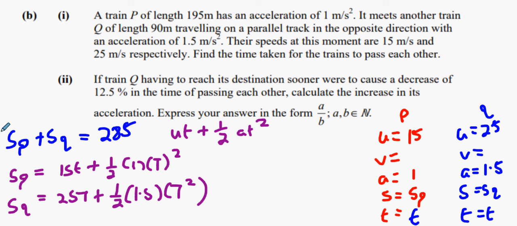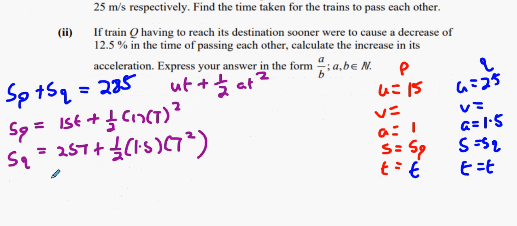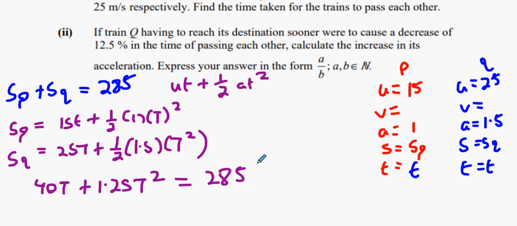I'm going to add SP to SQ and I'm going to get 40t. What's that? That's 0.5 plus 0.75, which is going to be 1.25 t squared. And that equals 285. Bring everything to the left and do a minus b formula.